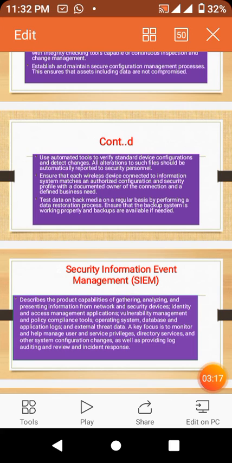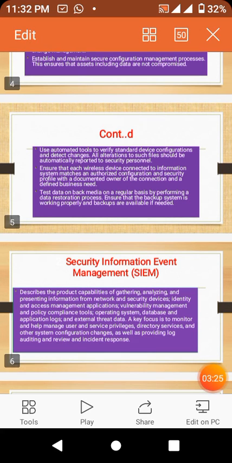I should ensure that each wireless device connected to the information system matches an authorized configuration and security profile with a documented owner of the connection and defined business need. I test the data on backup media on a regular basis by performing a data restoration process. This ensures the backup system is working properly and backups are available if needed.